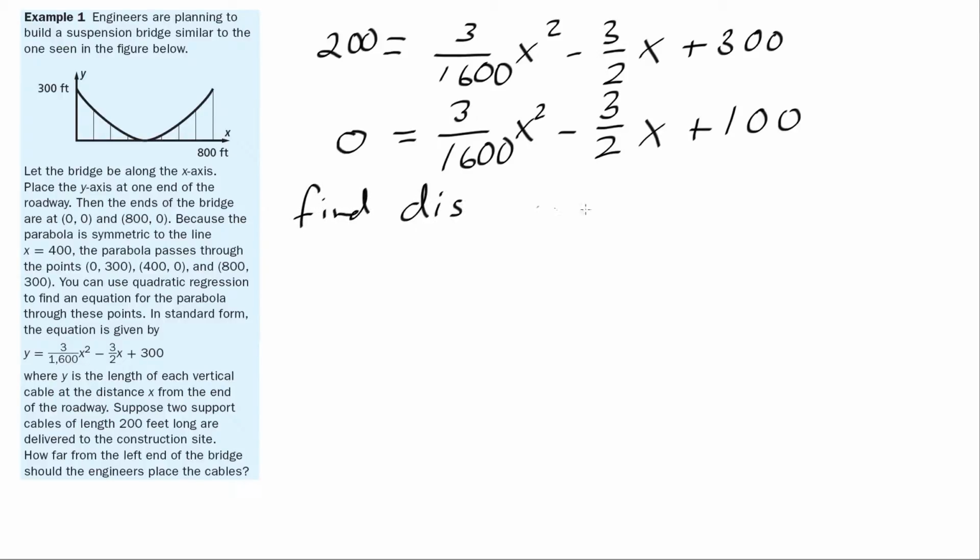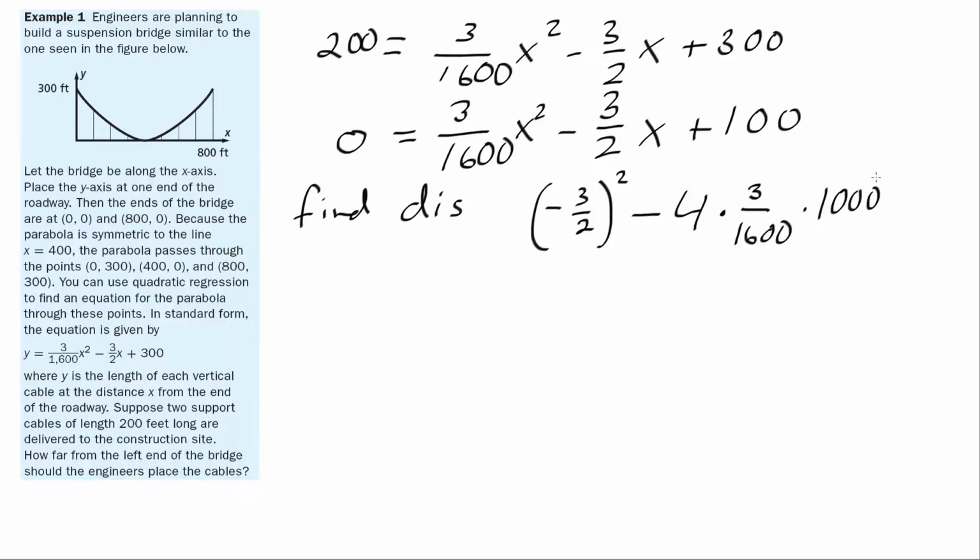And so I get that b squared is negative 3 halves squared, minus 4 times AC, and that's 4 times 1600 times 100.